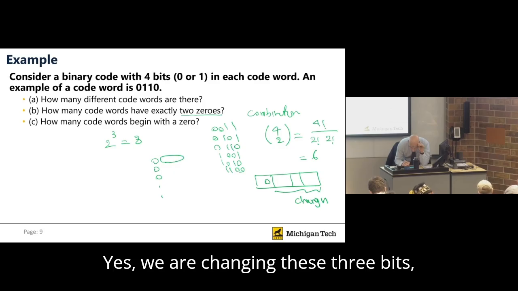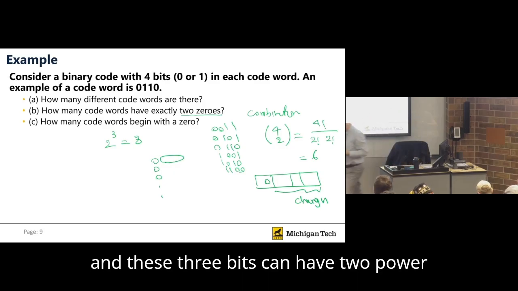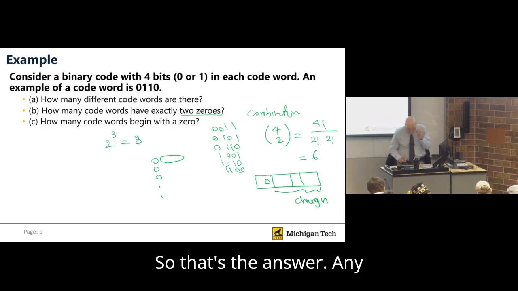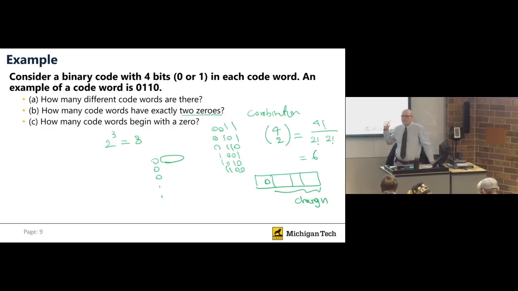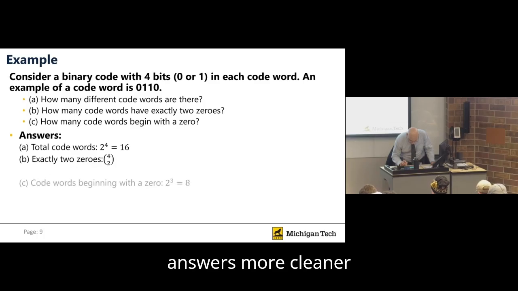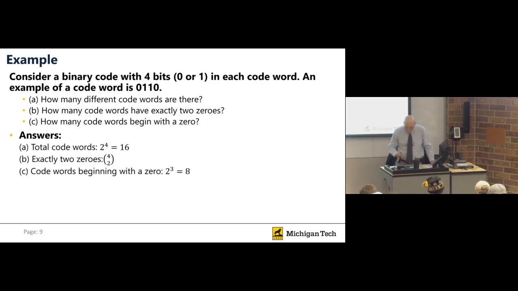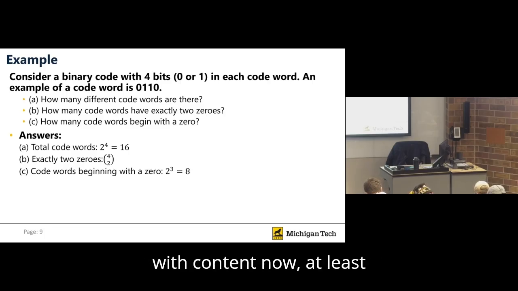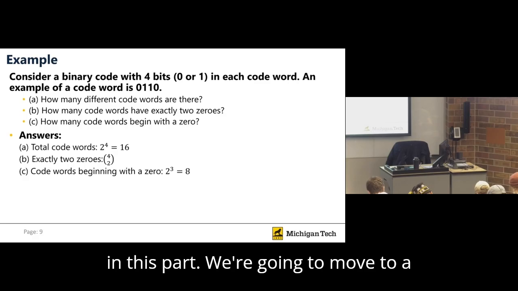We are just changing these 3 bits, and these 3 bits can have 2 to the power 3 cases, 8 cases. So that's the answer. Any question? Okay, let's clean this up. Here is a cleaner version of the answers. That part is done. We're done with counting, at least in this part.